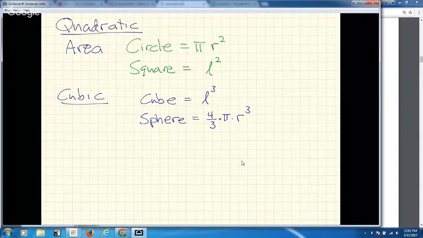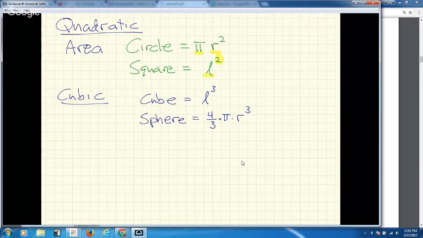Other types of equations that we've dealt with are quadratic. An example of a quadratic equation is anything involving area, which has two things multiplied. So feet times feet is square feet, or maybe meters squared, miles squared, kilometers squared. Area of a circle is pi times the radius squared. Area of a square is just the side length squared.